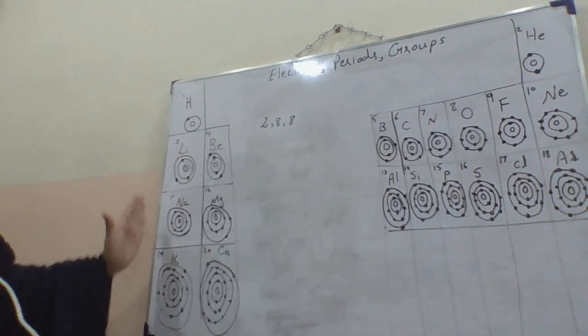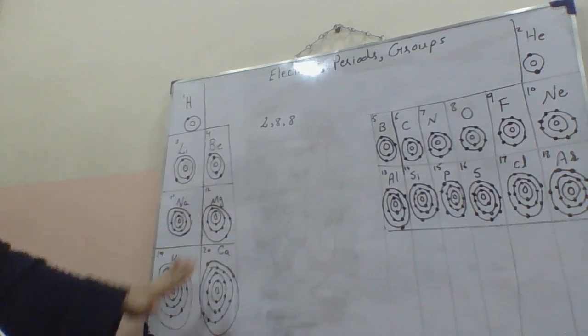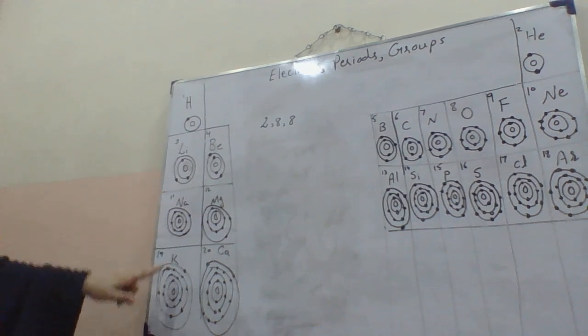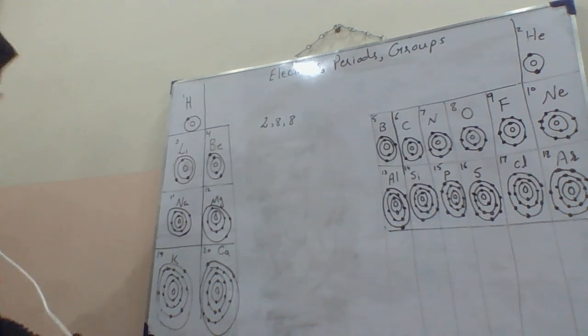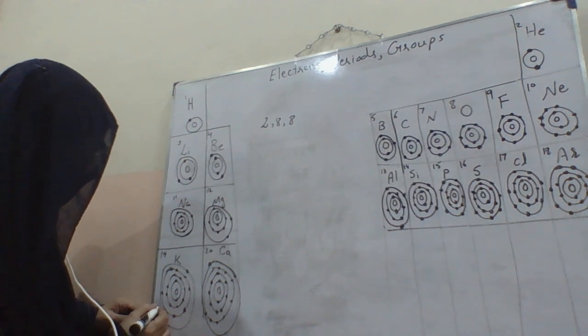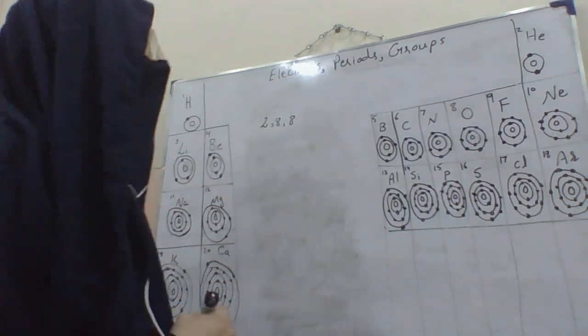If we observe, in the first group all elements have 1 electron in their outermost shell. In the second group all elements have 2 electrons in their outermost shell.